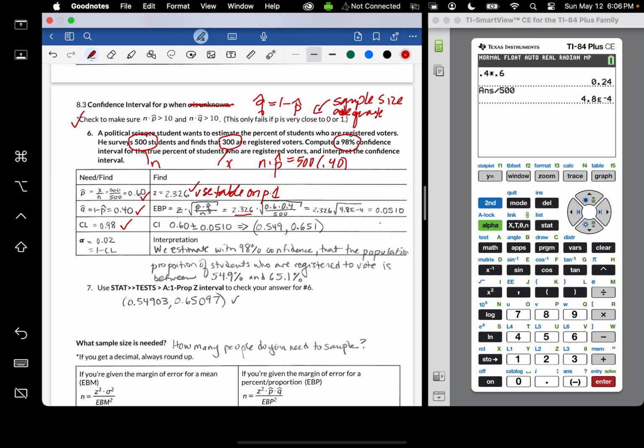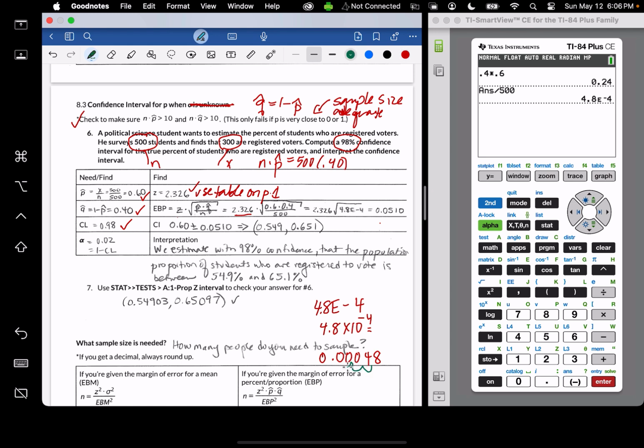I'll just take a sidetrack to show you that 4.8 e negative 4 really means 4.8 times 10 to the negative 4th power, which means 0.00048.